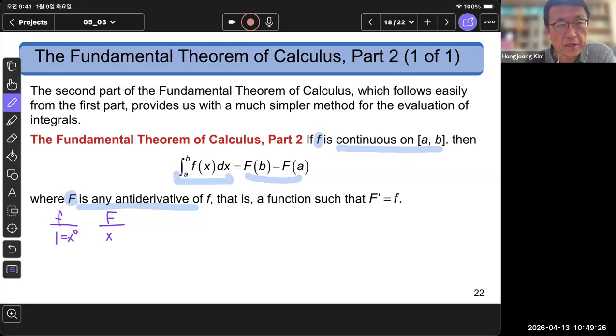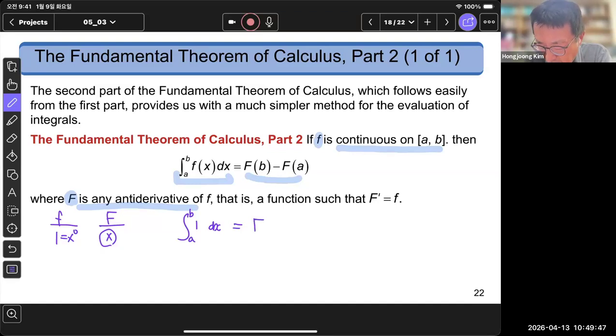When I differentiate x with respect to x, you get 1. So if I integrate 1 from a to b, this part 2 of the fundamental theorem says I can evaluate my F at these two endpoints. So F(b) minus F(a), and since F(x) is just x, that is b minus a.